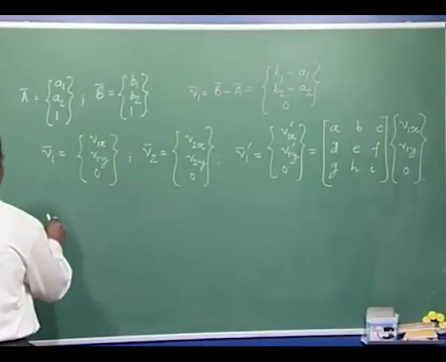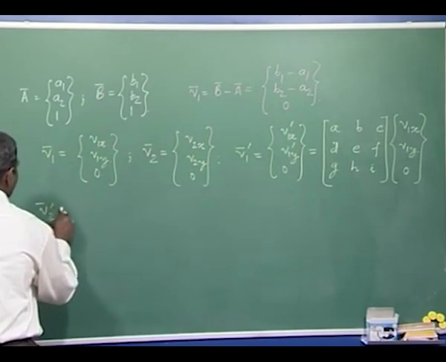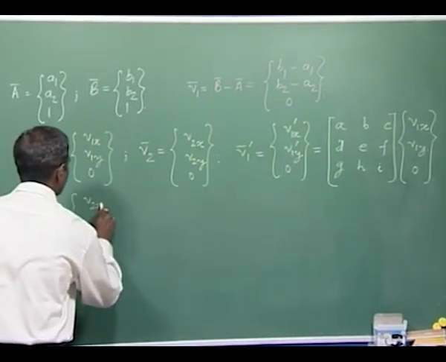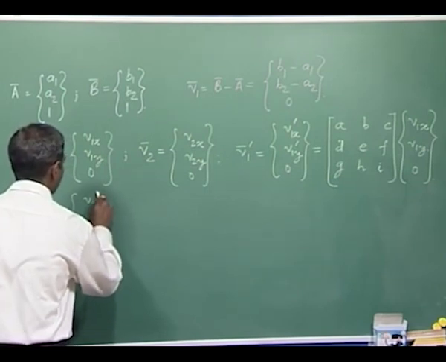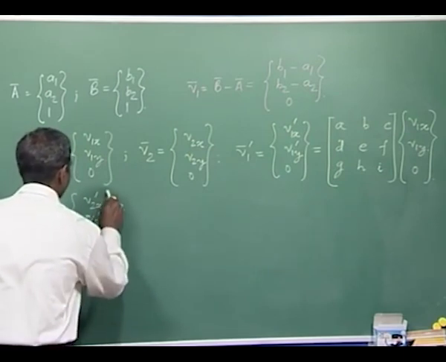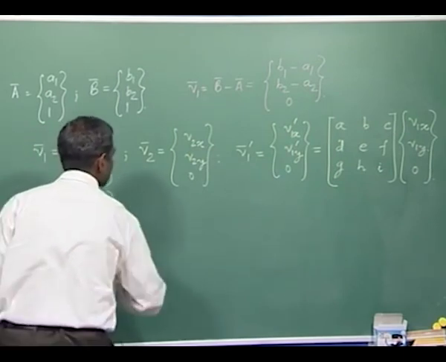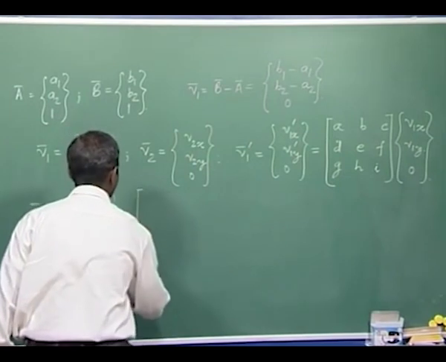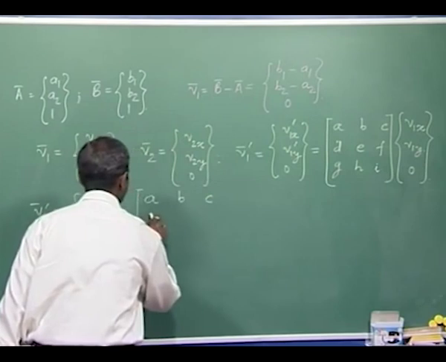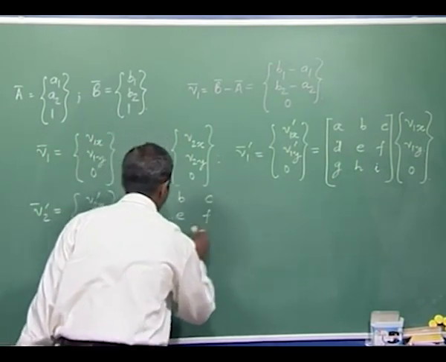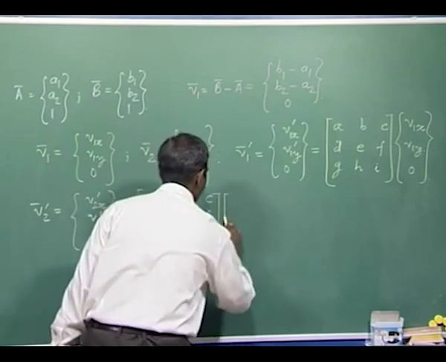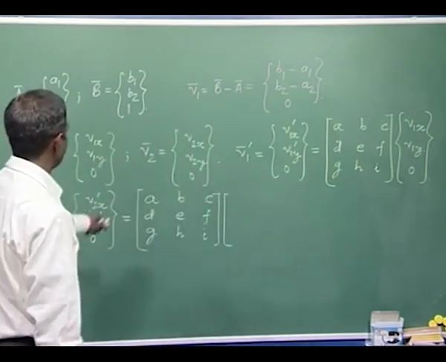Likewise, v2 prime equals v2x prime, v2y prime, and 0, and this is nothing but the transformation A, B, C, D, E, F, G, H, I operating on V2.